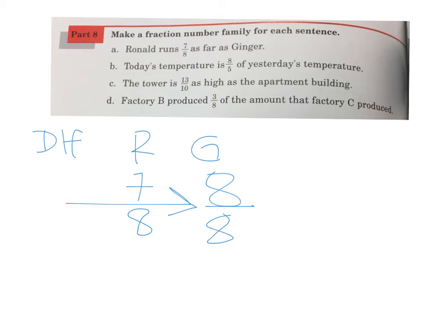So I'll do my subtraction. The bottom number will always be 8 because it's the same straight across in my fraction number family. And then I do the subtraction: 8 minus 7 is 1. So the difference between how much he ran and she ran is 1/8.